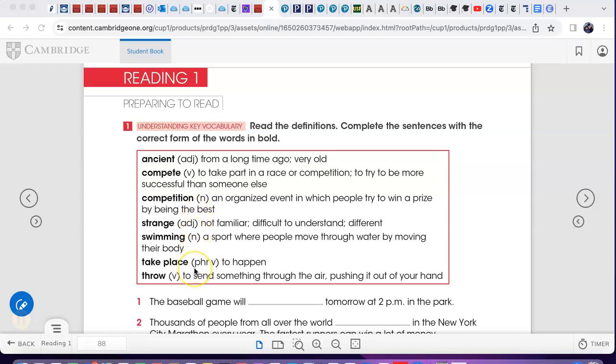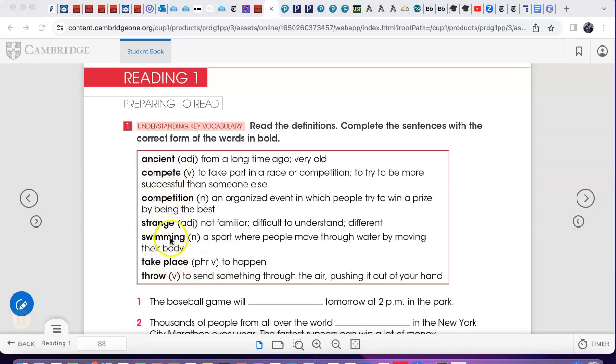And then we have a phrasal verb. A phrasal verb is not just one word, but two or more words, a phrase, which essentially serves as a verb or some sort of action, but isn't just one word like compete, but rather a phrase, two or more words.